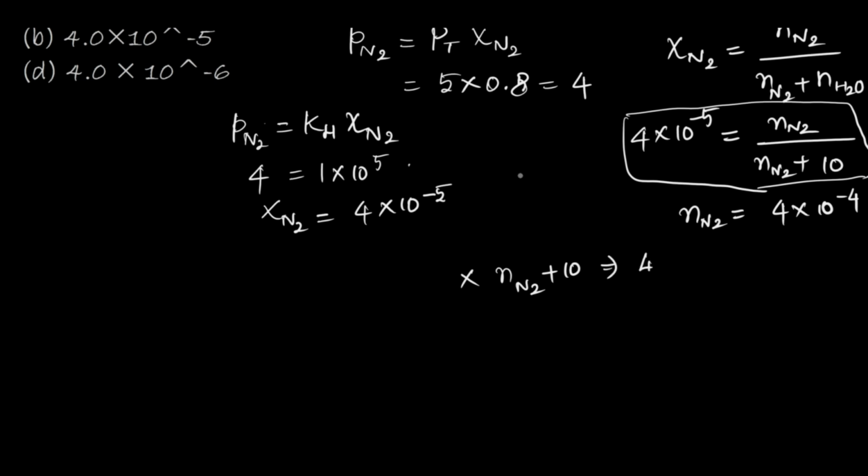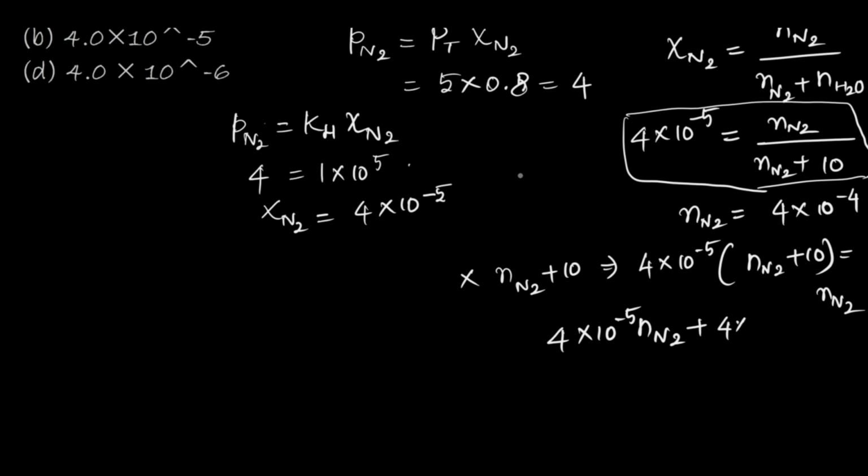You will end up with 10 to the power 5 into N2 plus 10, which is equal to 4 into 10 to the power minus 5 N2 plus 4 into 10 to the power minus 4. Get the N2 on one side.